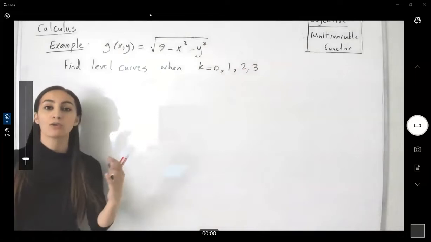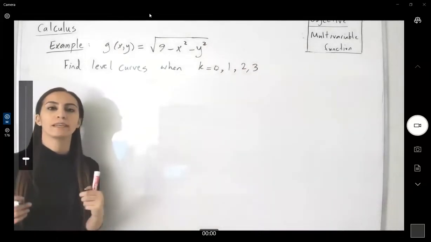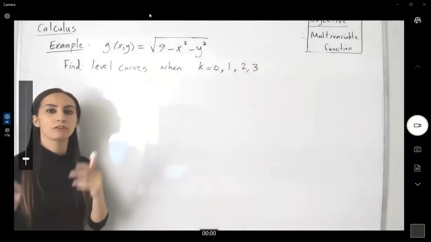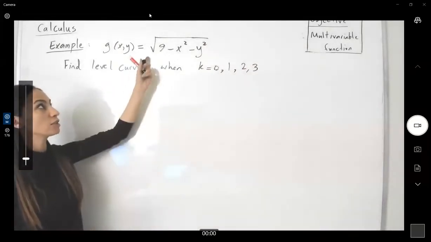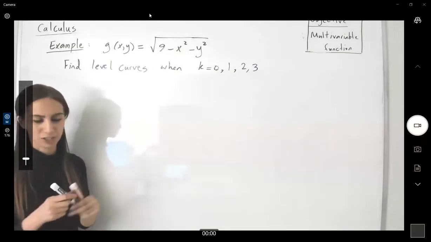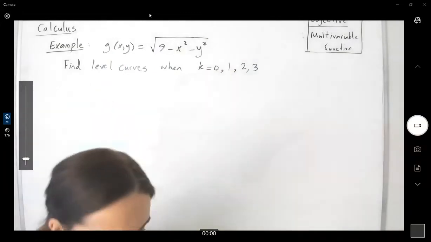And I have a question for you. What is the general formula for the level curves of this function?